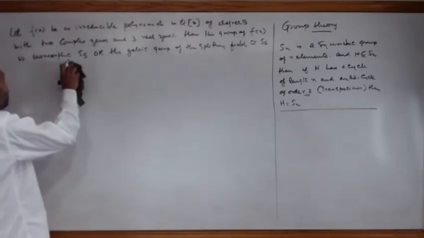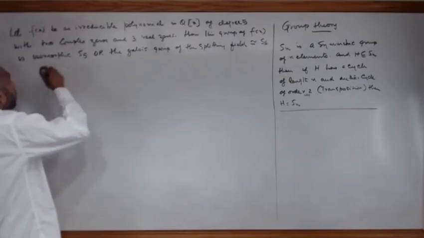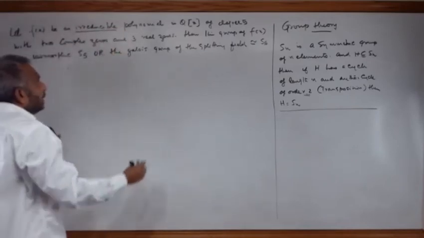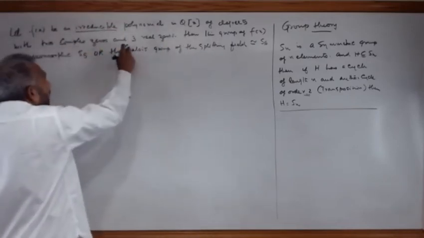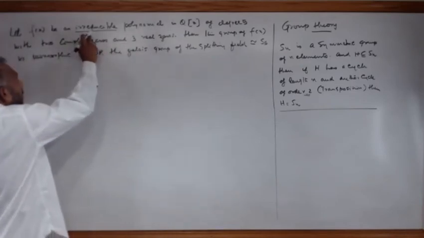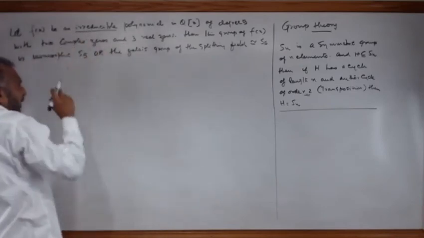So if you take any irreducible polynomial in Q[x] with this property, then that cannot be resolved radically.